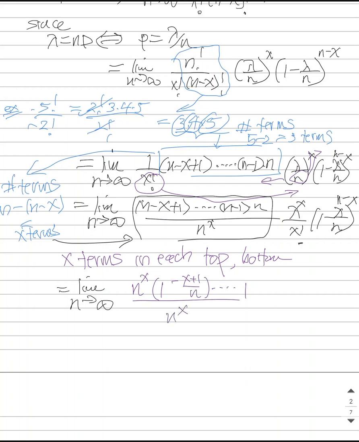Now, don't get too wrapped up in the details. What's important here is that, yes, we have the correct number of terms upstairs and downstairs to be able to cancel out in just a moment. So these terms will cancel out, and that's what's important here.